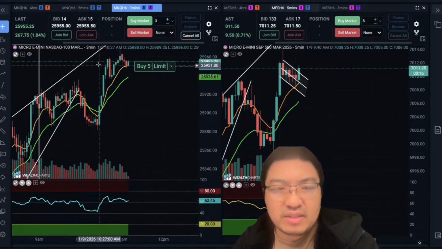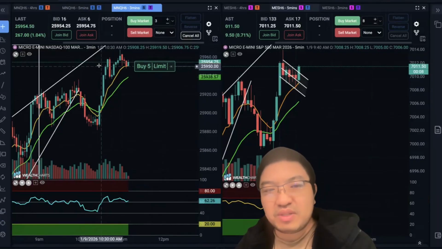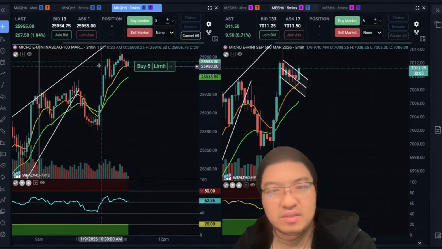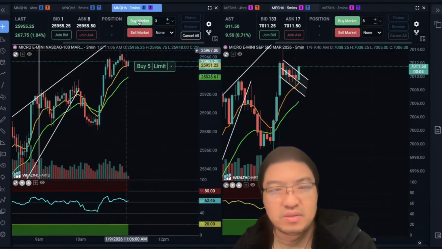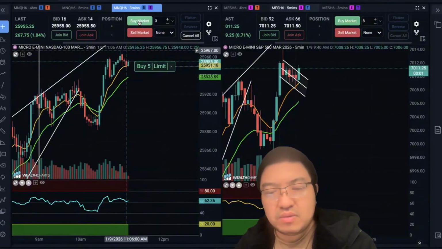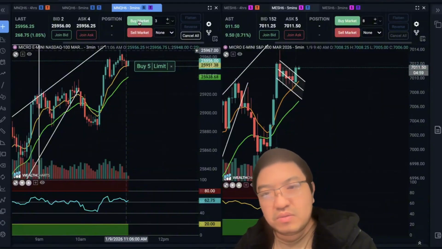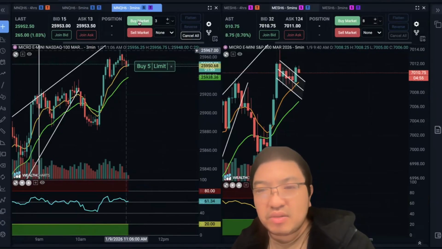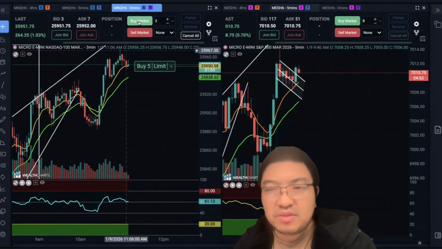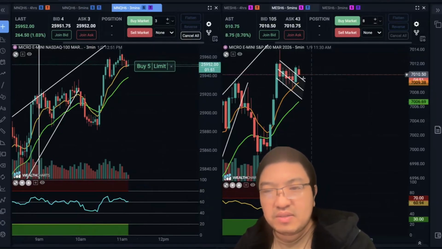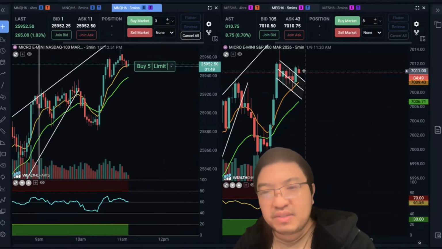Holy crap. So this time I just set my limit order at the EMA line. See if it's gonna retest. See the next candle. Oh, it falls back. It falls back. Break out the flag.